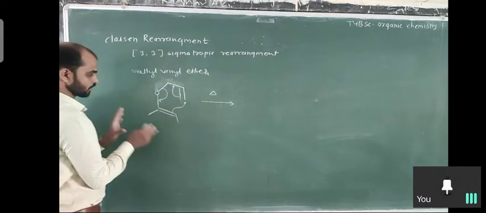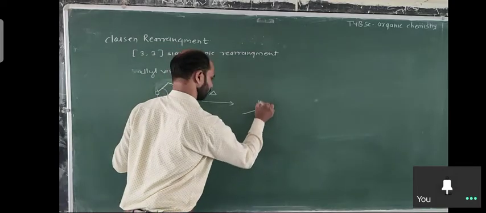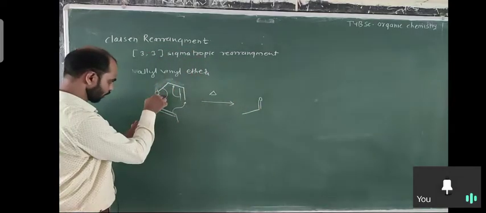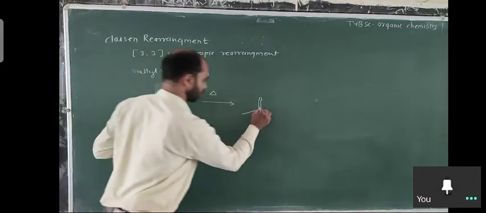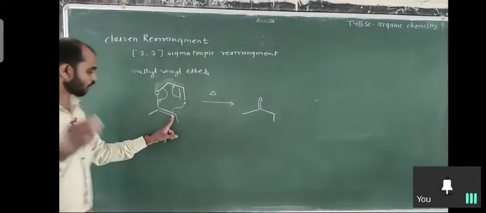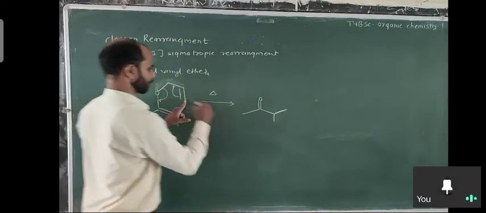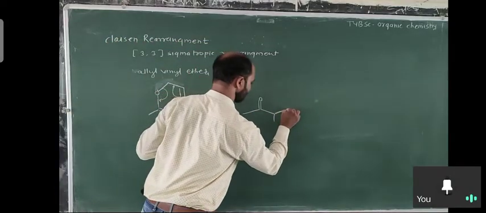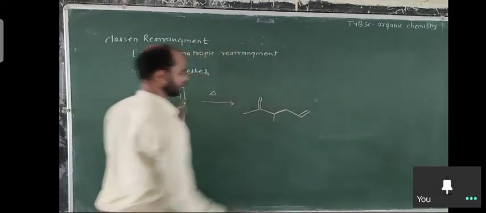So after this, what happened? Here is the formation of a carbanion and a double bond. This one is a single bond. A substituent may be present or not. After that, a single bond is formed, the double bond converts into a single bond, and again it converts into a double bond.